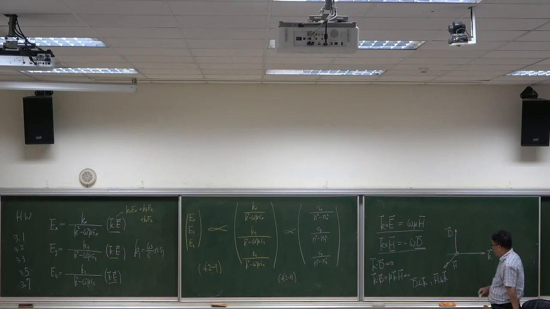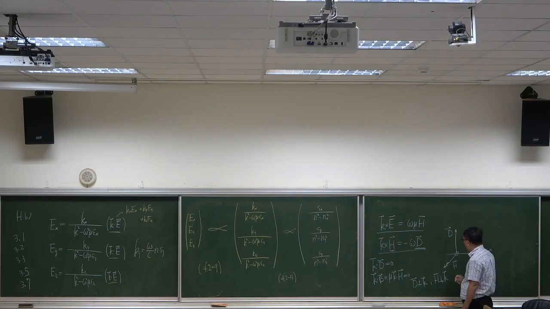And we know that k cross E is proportional to H, which means that what is the direction of E?